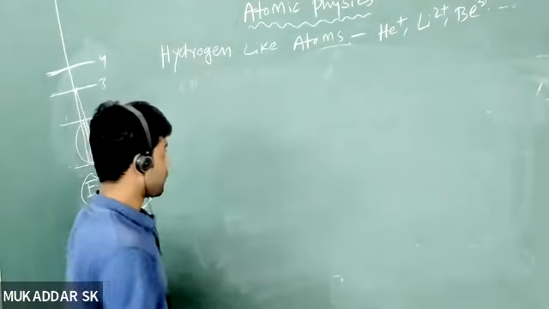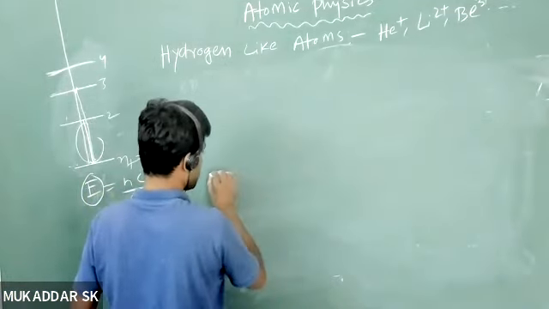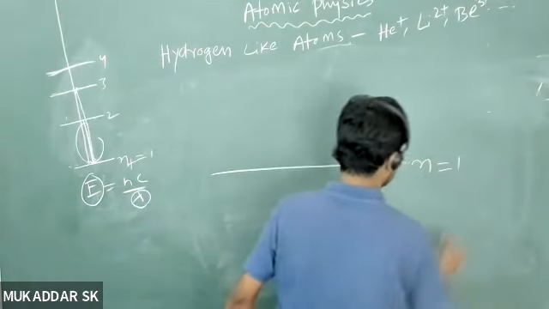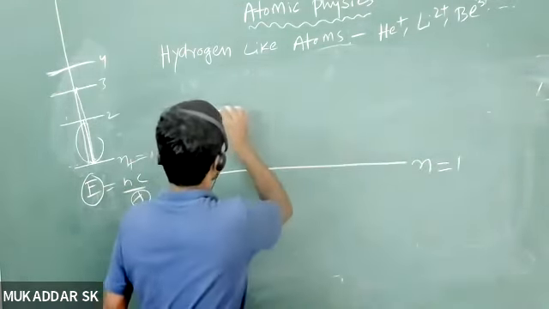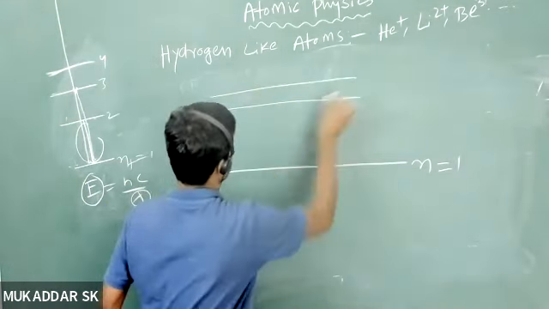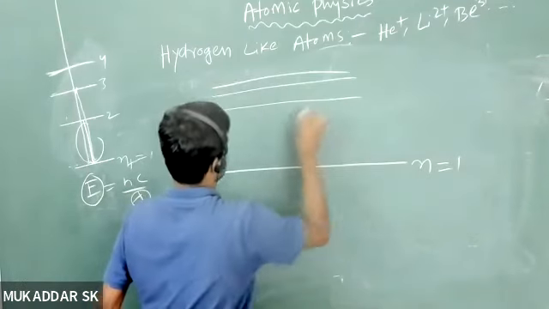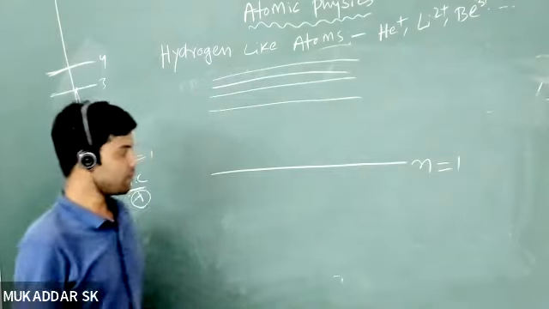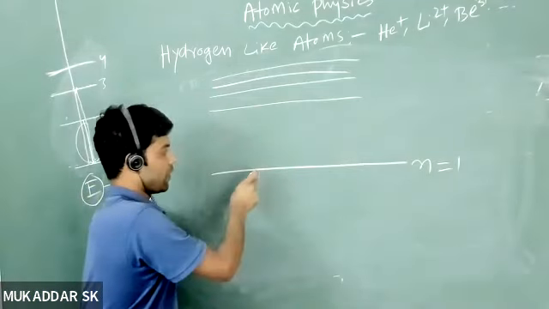So if you draw the spectral line, let us assume this is the ground state, n equals 1. Then you have other states, n equals 2, 3, 4, 5. Lyman series means the electron is coming to n equals 1.